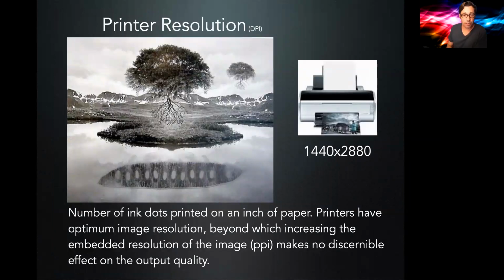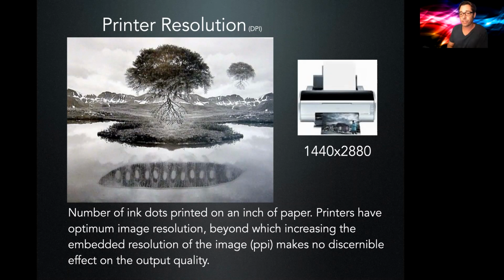In terms of print resolution, that's the number of ink dots printed on an inch of paper. That's DPI. And printers have an optimal image resolution. Beyond that, if you keep increasing the embedded resolution, it makes no discernible difference in the output quality.